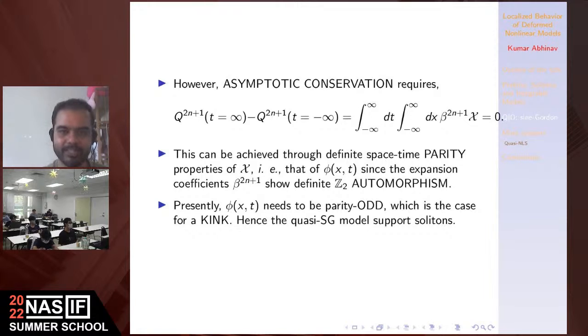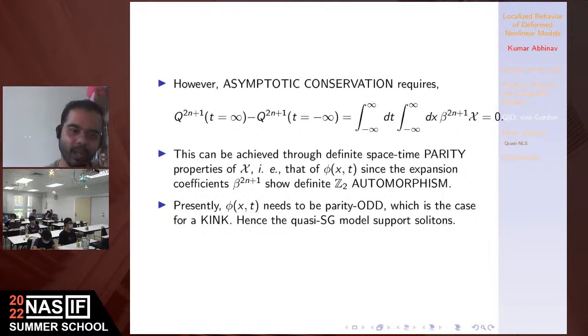So how to see that? Asymptotic conservation, what does it mean? That means these charges, although their variation locally is not zero, if you consider the asymptotes at t equal to infinity and t equal to minus infinity, they should be the same. That means there is no change among them. Locally what happens doesn't matter, but asymptotically they should be the same.